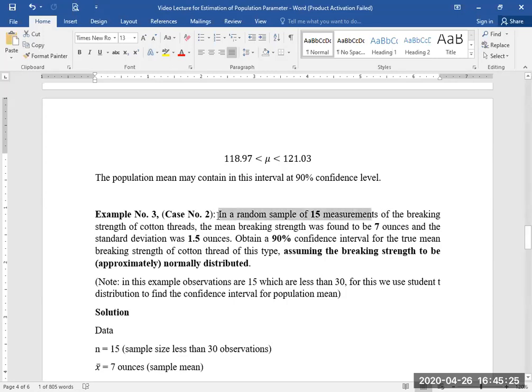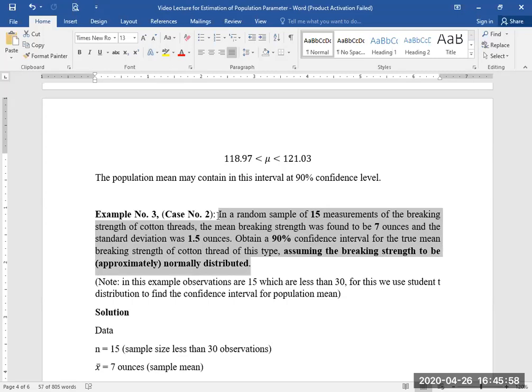In a sample of 15 measurements of the breaking strength of cotton thread, the mean breaking strength was found to be 7 ounces. Students, this is x bar, and the sample standard deviation was 1.5 ounces. Obtain a 90% confidence interval for the true mean breaking strength of the cotton thread of this type, assuming the breaking strength to be approximately normally distributed.